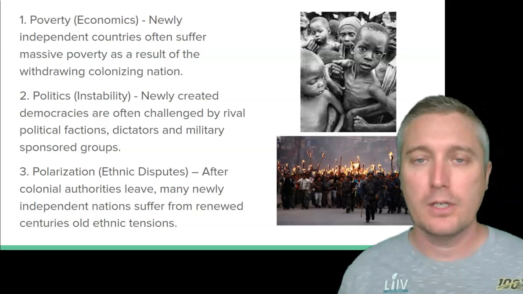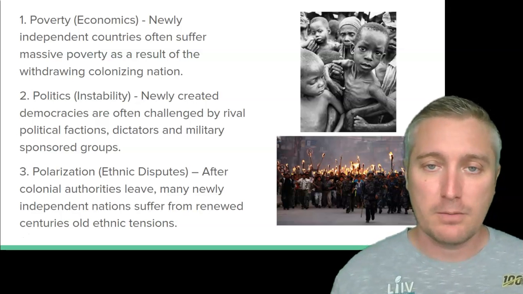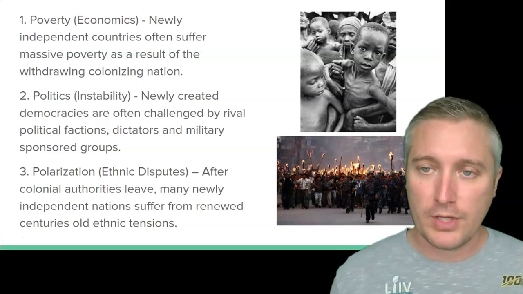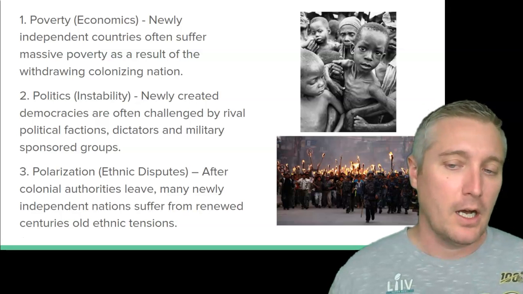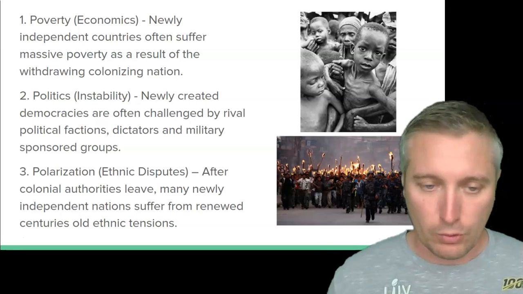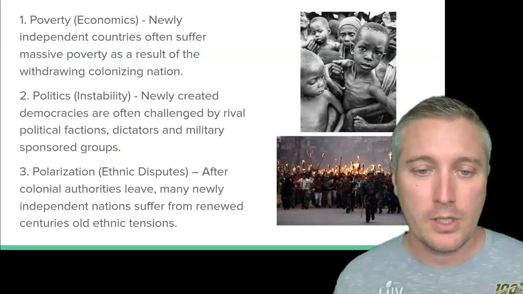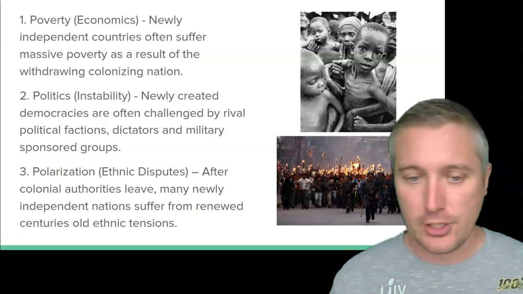In particular, we're going to look at the case of Yugoslavia. For decades, Yugoslavia had been run by a communist ruler, and with an iron fist had kind of ruled over that country. But when he died and the country became independent, a lot of those ethnic disputes rose to the surface, and people wanted to break off and form their own country with their own ethnic group, and it led to a lot of clashing and a lot of violence.